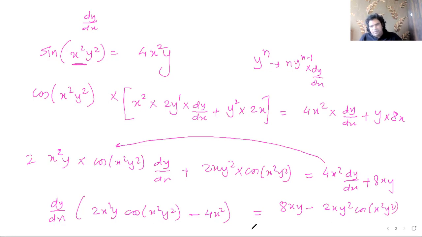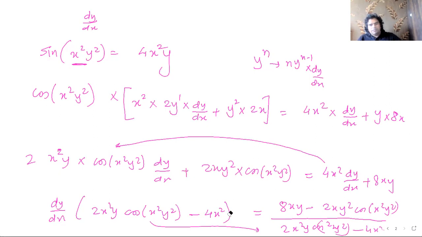And so you divide everything out here. So that's what will be your derivative. So if I divide this here, it'll be 2x squared y cos x squared y squared minus 4x squared. So that's going to be the derivative of this particular expression.